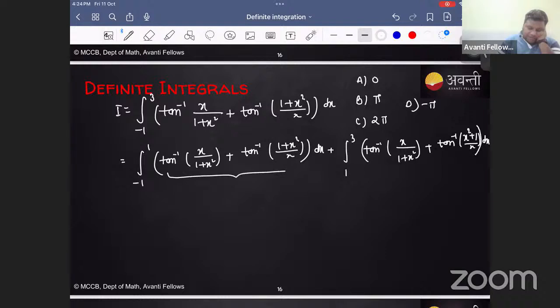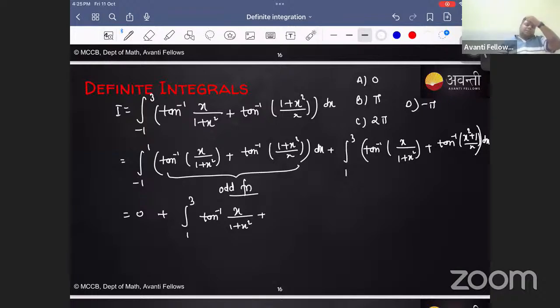Now, this value, if you see, this is an odd function. So between minus 1 to 1, this answer is going to be 0. Am I correct? Now you are left with that particular part from 1 to 3. It is tan inverse of x upon 1 plus x square, and the tan inverse of x square plus 1 upon x can be written as cot inverse of x upon 1 plus x square dx.